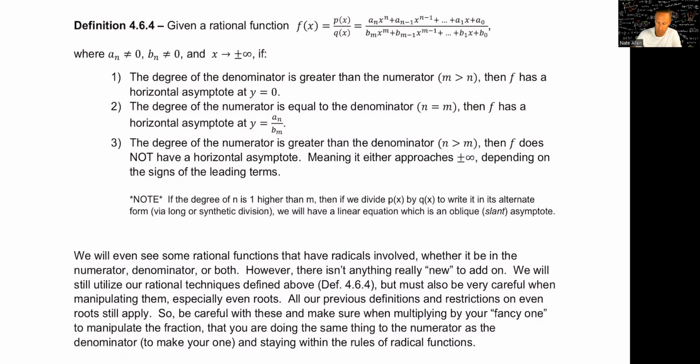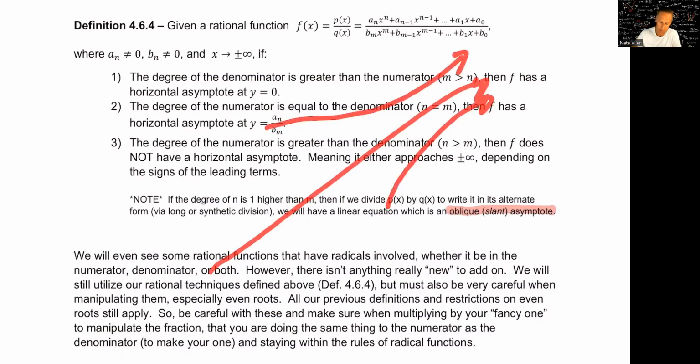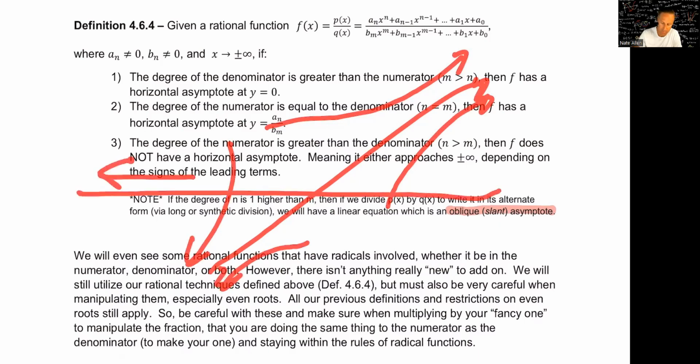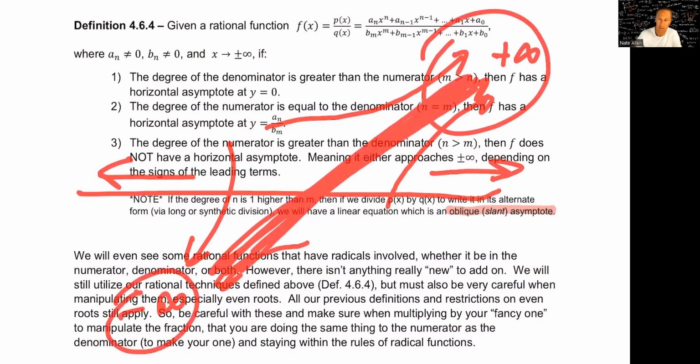Now we can do a little bit more with that if we wanted. There's a little thing called an oblique or slant asymptote, which means we just have a line, and then we can see what it's approaching, whether it's positive infinity from both sides or negative infinity from both sides as we approach the furthest left or the furthest right. We can actually find that asymptote line, that slant or oblique asymptote that we would be approaching, which gives a little bit more.